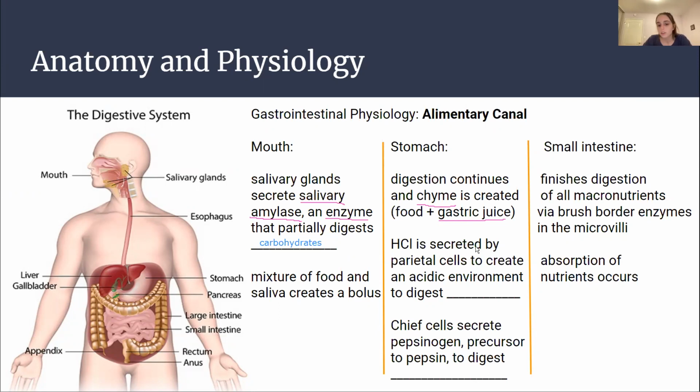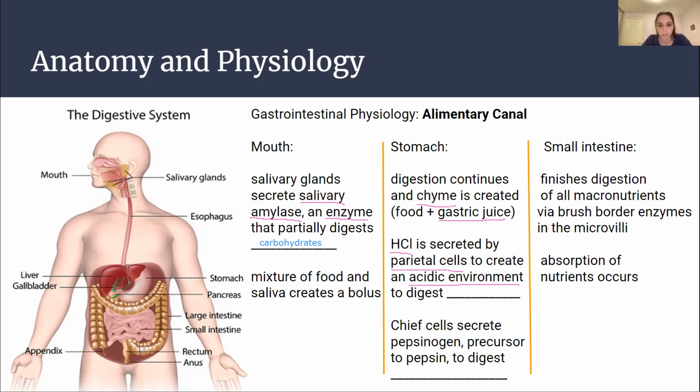Well, hydrochloric acid is going to be secreted by the parietal cells. And what hydrochloric acid does, it's going to create an acidic environment to digest which macronutrient. What macronutrient is optimally digested in an acidic environment? Let you guys answer in the chat.